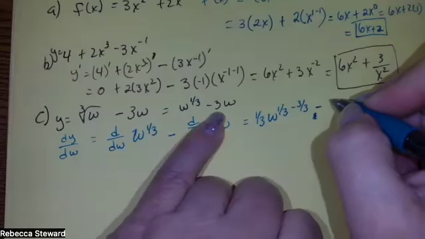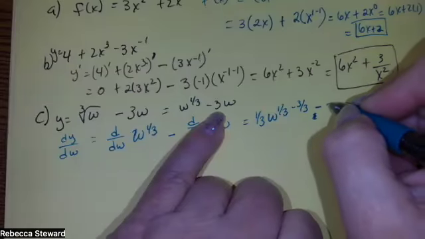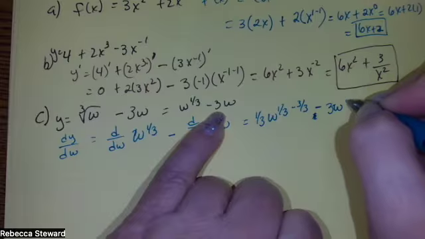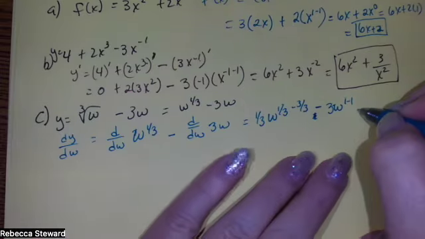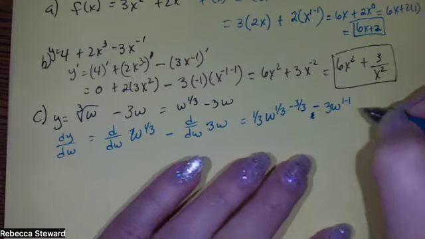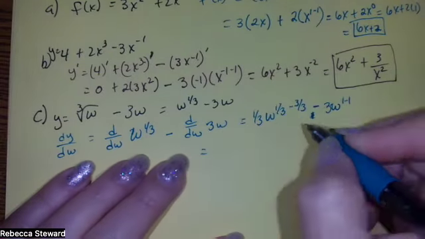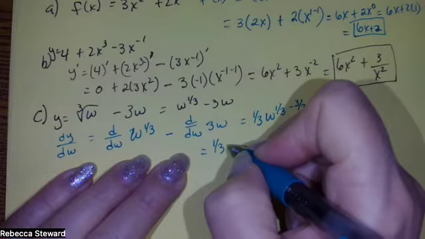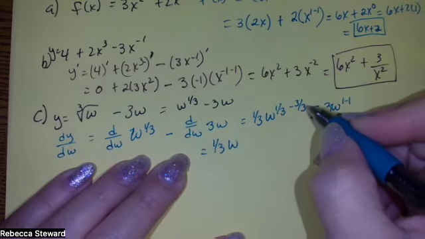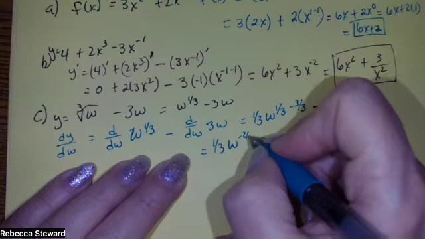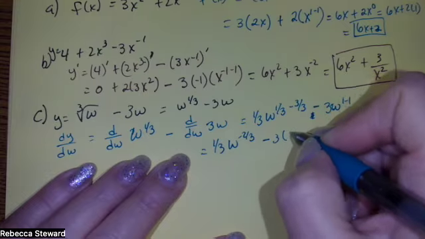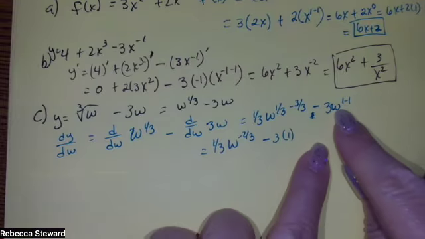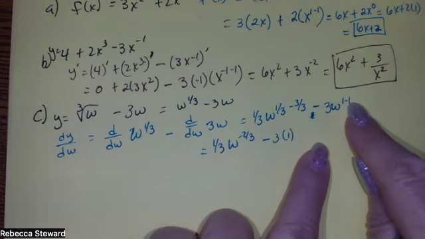So this will be our minus 3 times w to the 1 minus 1, which we know will become 0. So this is going to equal our 1/3 w to the negative 2/3 minus 3 times 1, because w to the 1 minus 1 would be 0.